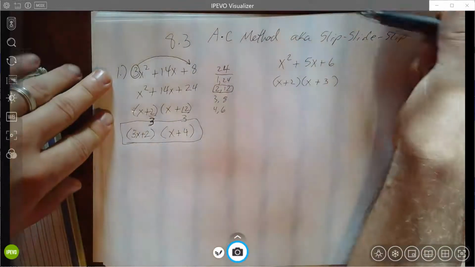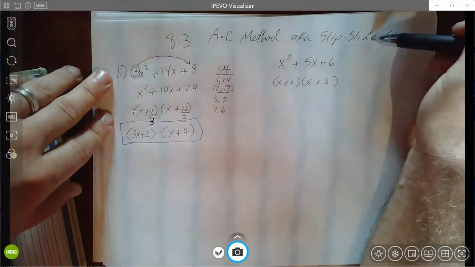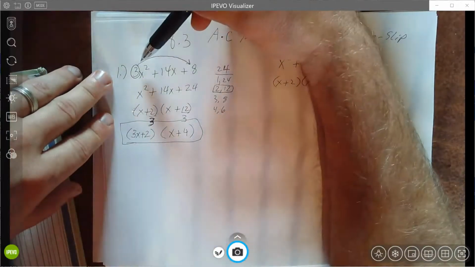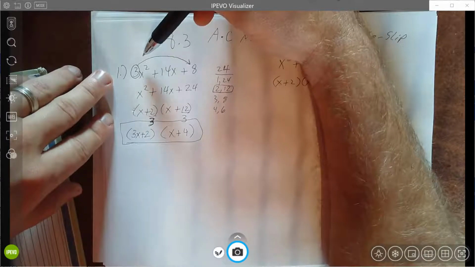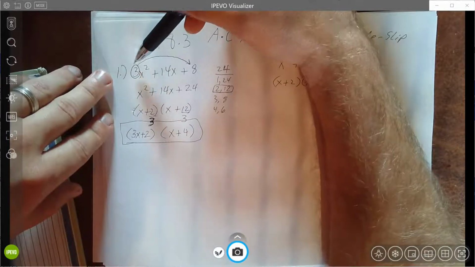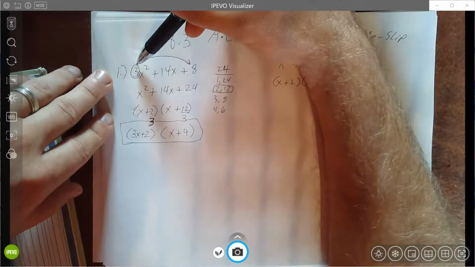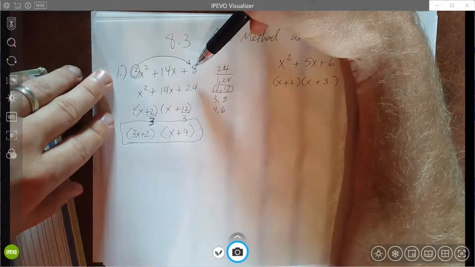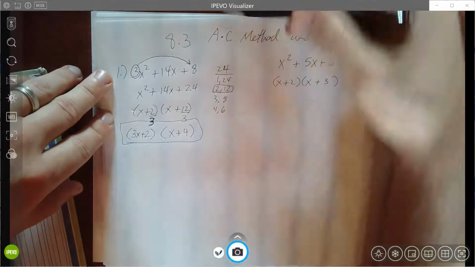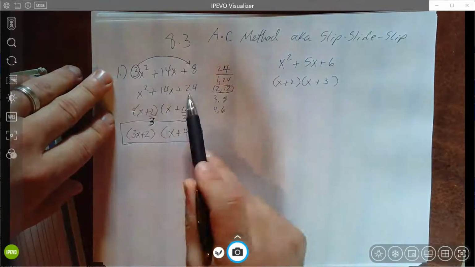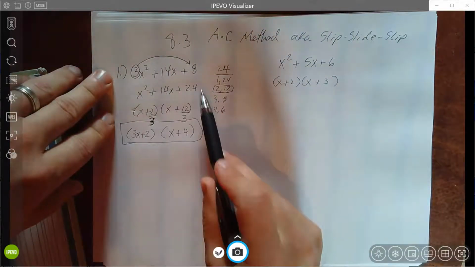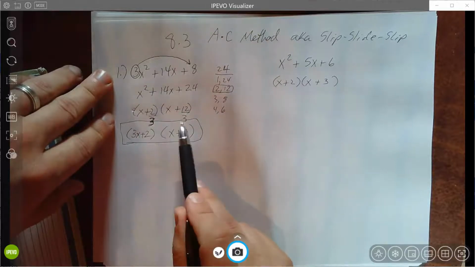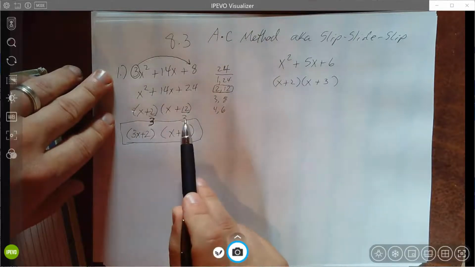Now let me say why I like to also call it the slip, slide, slip method. Because it reminds us of the 3 steps that we have to do that are different than trinomial factoring. We first slip this first number down there with that last number. Then after we factor it, like the trinomial method, we have to slide that 3 back up under those two numbers.